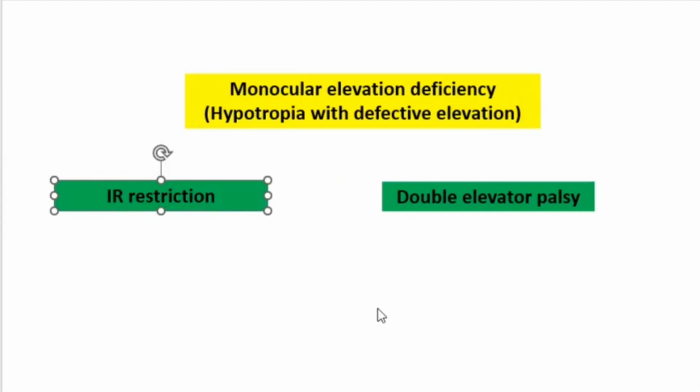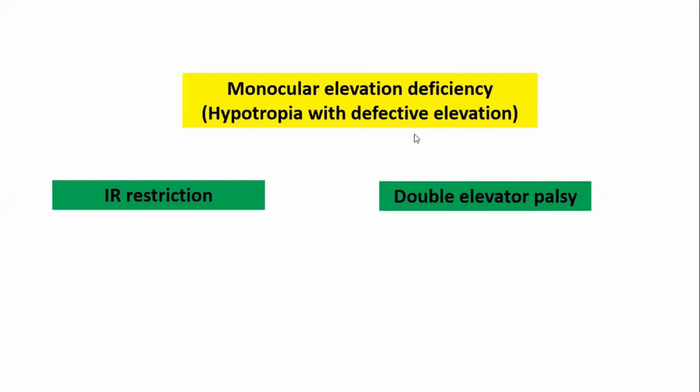But if the force reduction test is negative, we have a different surgery for double elevator palsy, a kind of transposition surgery to help the superior rectus to elevate the eye. We take the upper half of the medial rectus and lateral rectus and put it beside the superior rectus. This is in short.